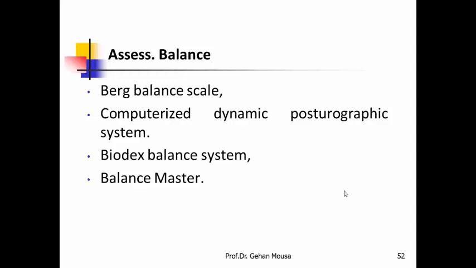Computer dynamic posture graphic can be used to identify the degree of steadiness and swaying. Biodex balance system can identify also static and dynamic balance. Balance master also can identify.